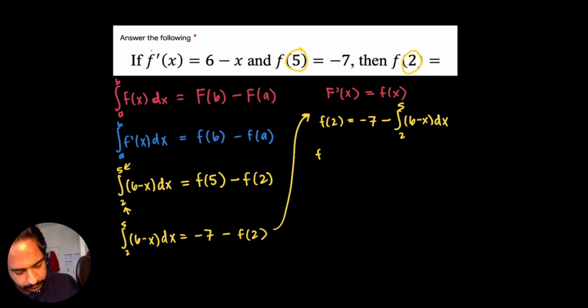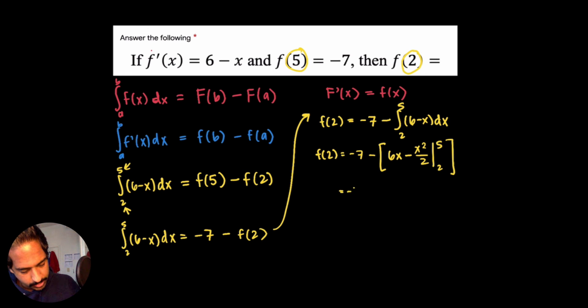So we get f of 2 equals negative 7 minus the integral, or actually, let's evaluate it. The integral of 6 will just be 6x, minus the integral of x, which is x squared over 2. And we're evaluating this from 2 to 5. Alright, we're going to keep going.